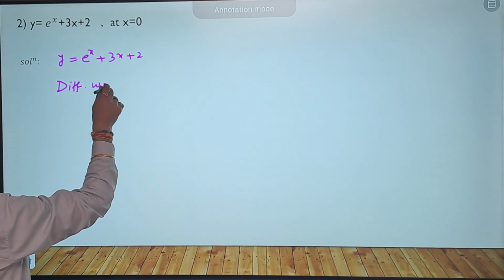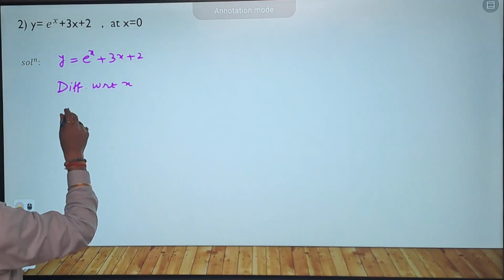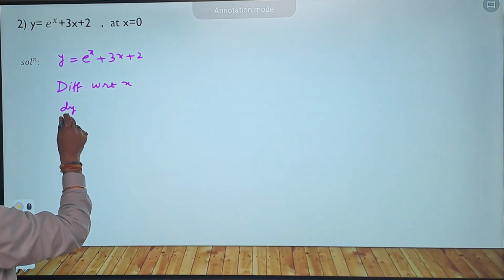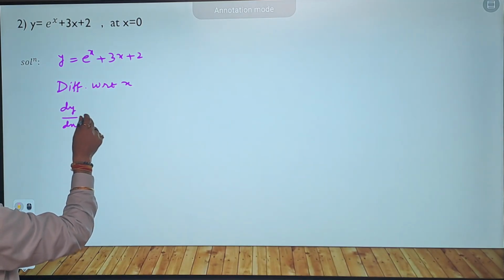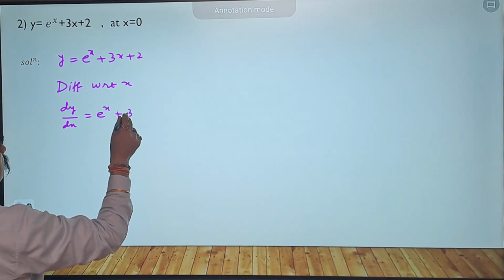Differentiating with respect to x, dy by dx is what? e raised to x plus 3.